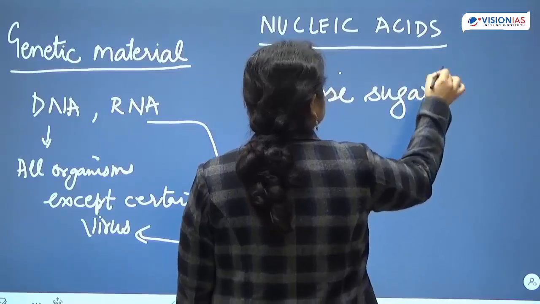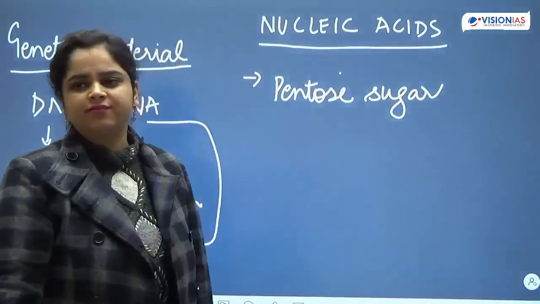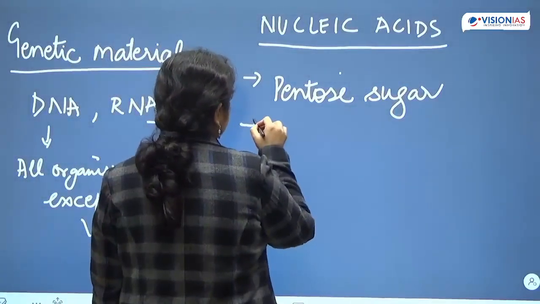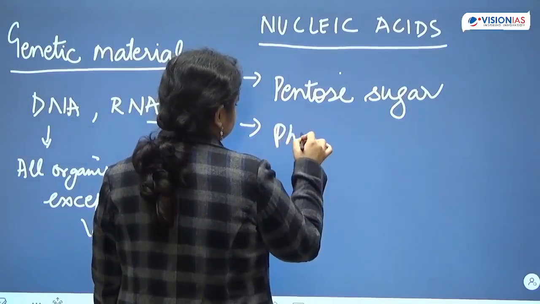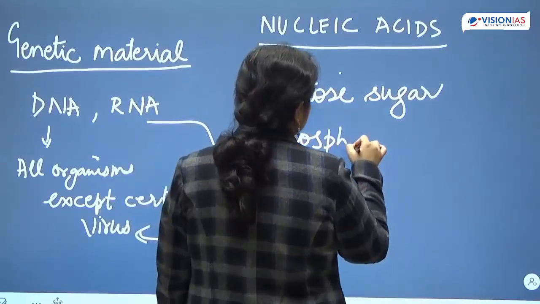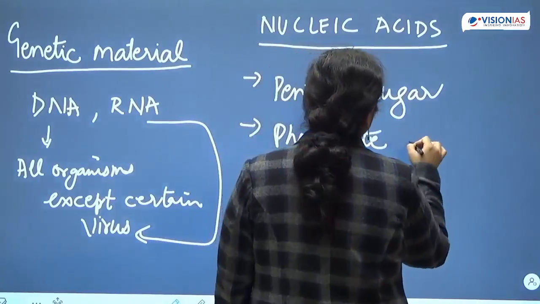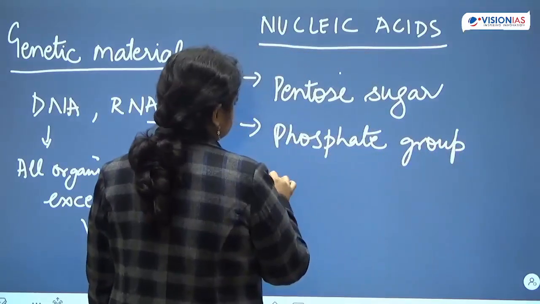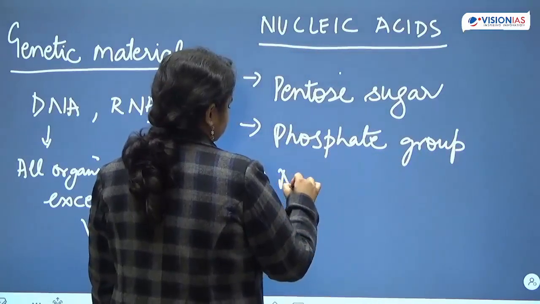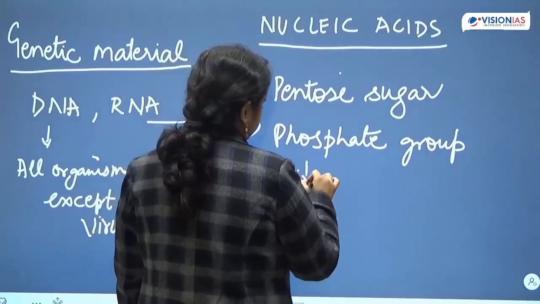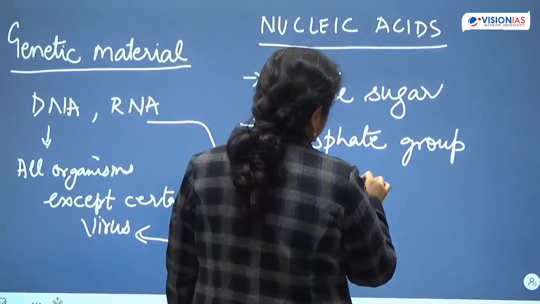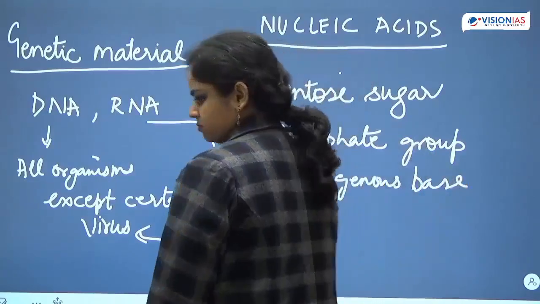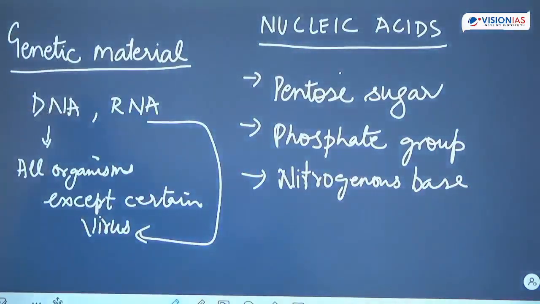Pentose sugar means a carbohydrate with 5 carbons. Then there is a phosphate group, and we have a nitrogenous base.